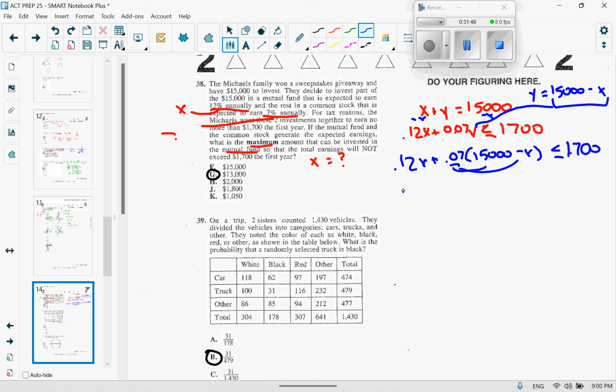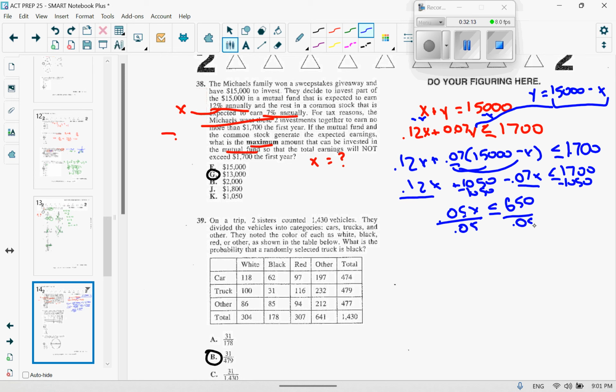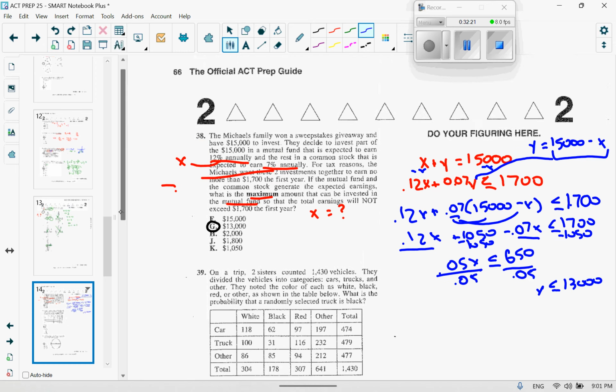So that would give me 0.12x plus 1,050 minus 0.07x less than or equal to 1,700. Combine like terms, 0.05x plus 1,050 less than or equal to 1,700, so 0.05x less than or equal to 650. Divide by 0.05, divide by 0.05. X has to be less than or equal to 13,000. So letter G would be the correct one.